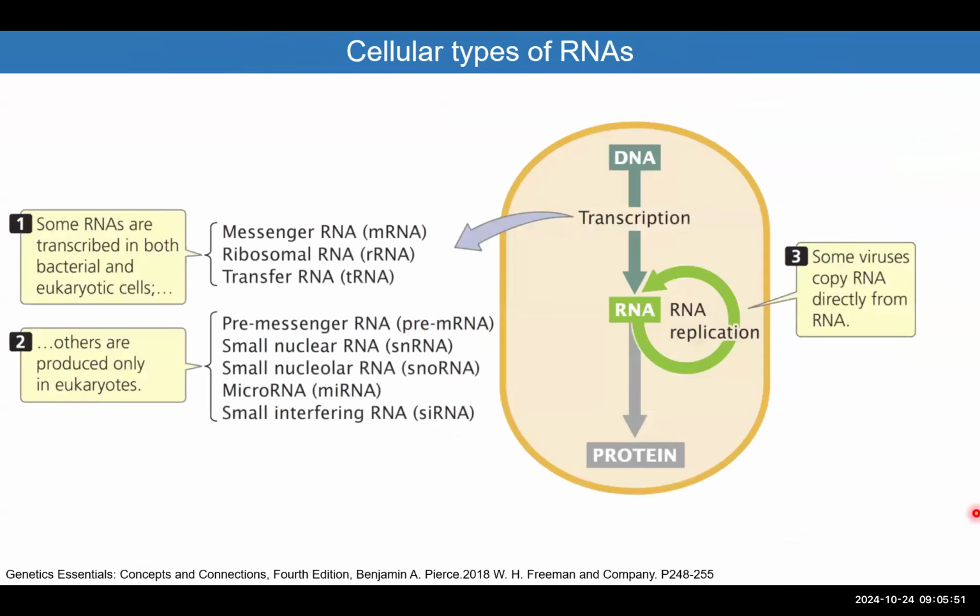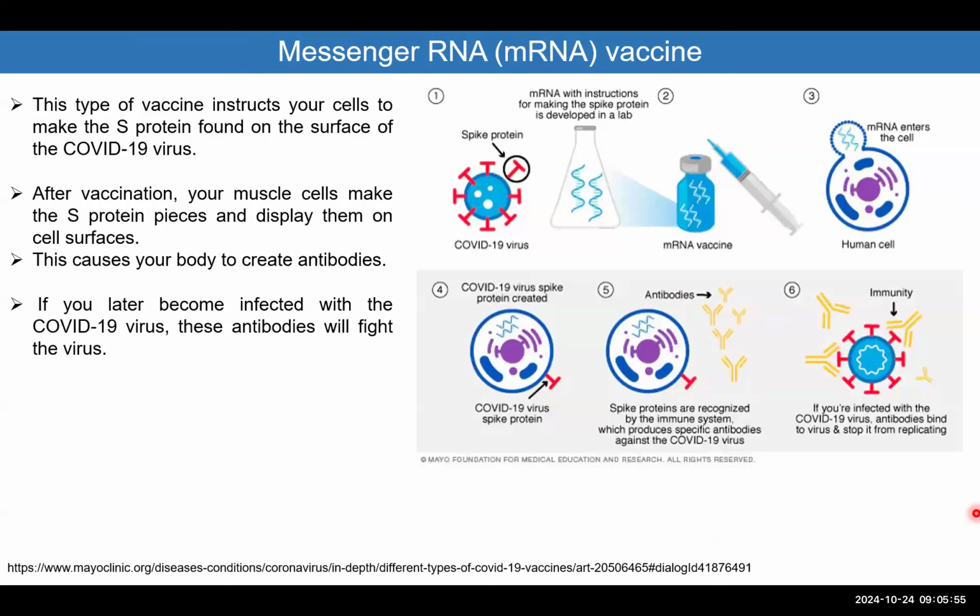Therefore, if I want to make that part of the virus, the spike protein, all I need to do is give the cell the messenger RNA, and my muscle cells are going to translate that messenger RNA into a protein.